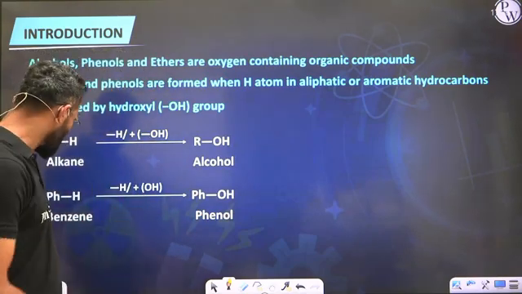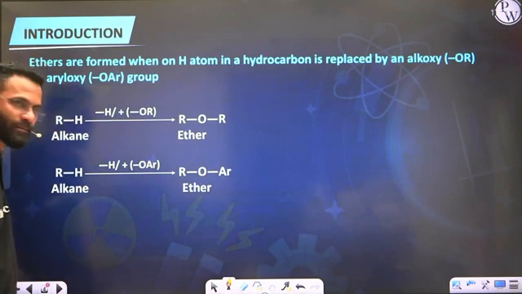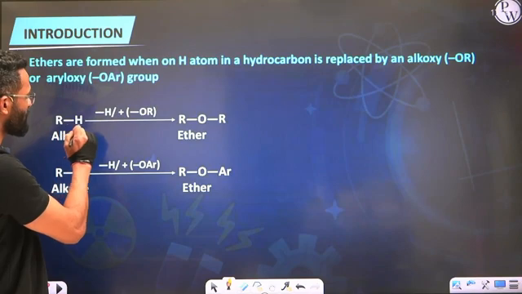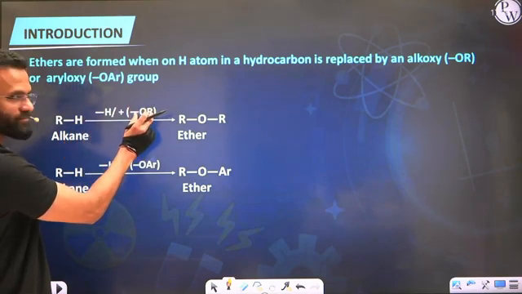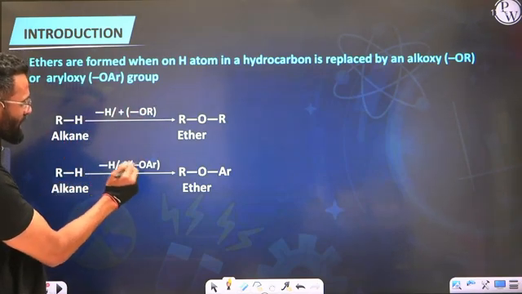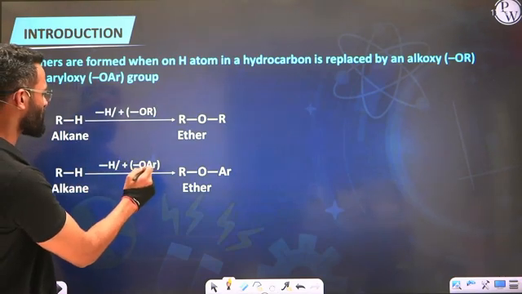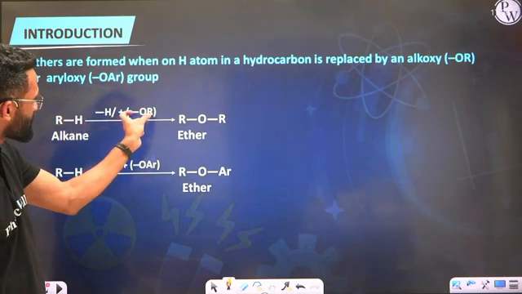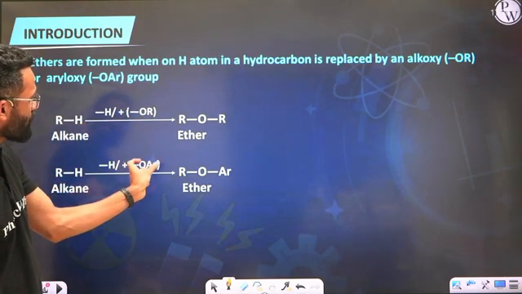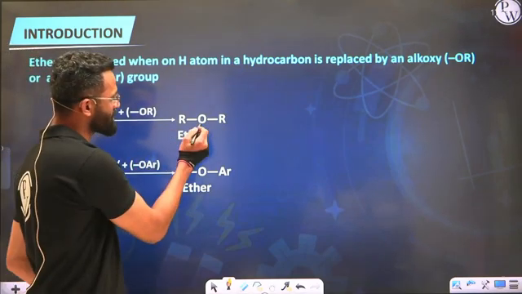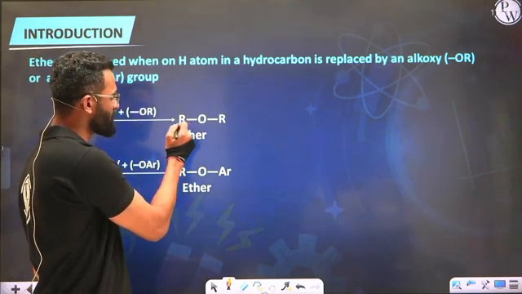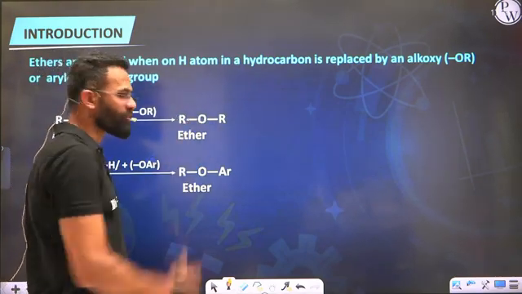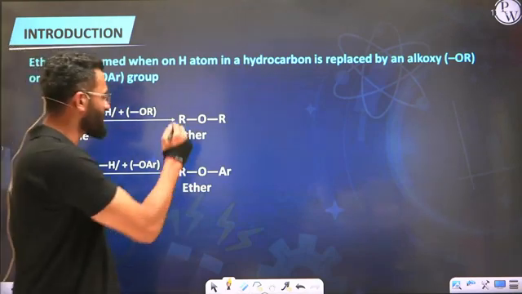Similar to this, when you talk about an ether, imagine we have an alkane and we substitute its hydrogen atom with an alkoxy group or aryloxy group, where oxygen is connected to an aryl group. In both cases, when hydrogen is substituted by either an alkoxy or aryloxy group, we get a compound where oxygen is directly connected to the sp3 hybridized carbon atom of, say, an aliphatic hydrocarbon, resulting in an organic compound represented as ROR.